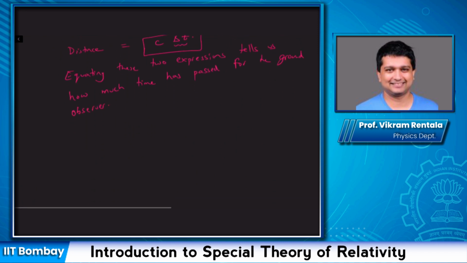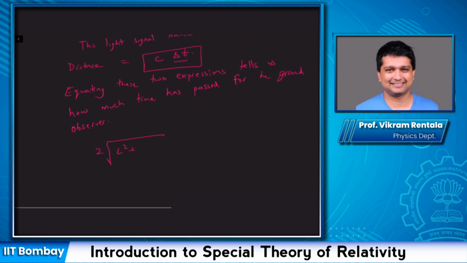That would be 2 times the square root of L squared plus half v delta t squared, over delta t. This is the distance that the light beam travels divided by the time it takes to travel that distance. This should be equal to the speed of light.